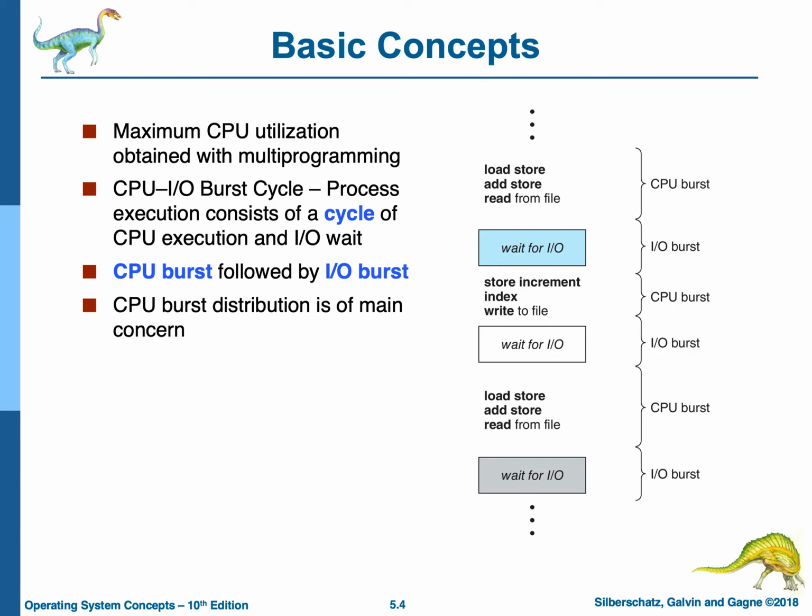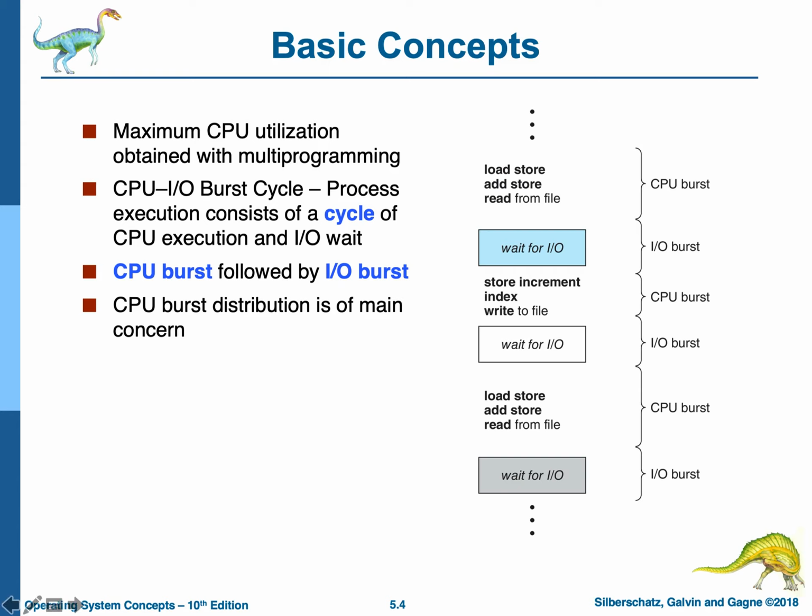Now, the main thing when we are discussing the concepts of CPU scheduling is a cycle of two processes. This cycle is composed of two components.